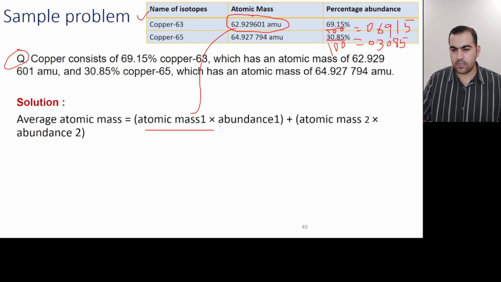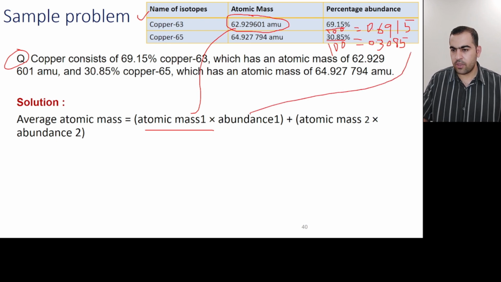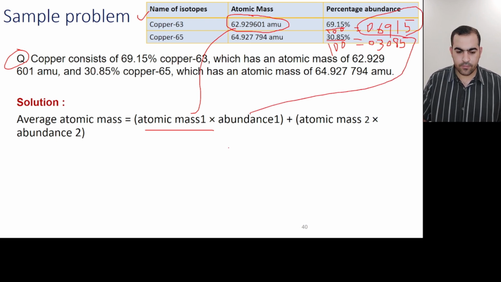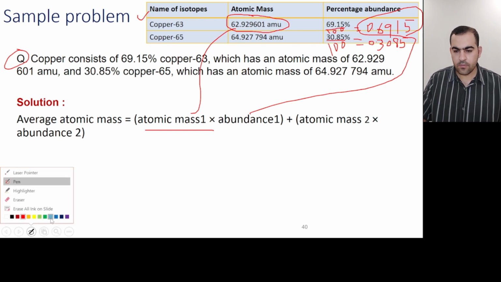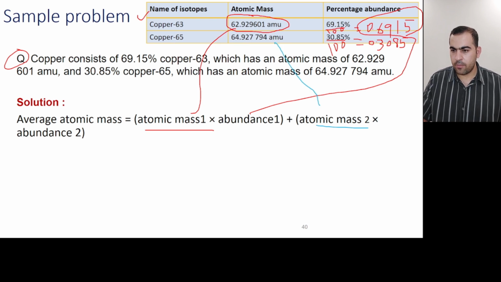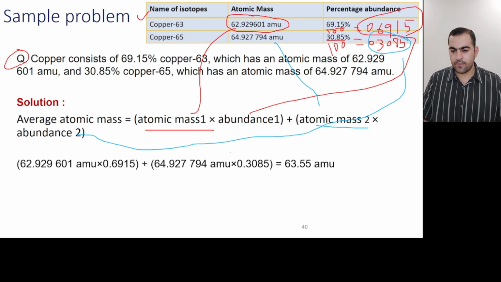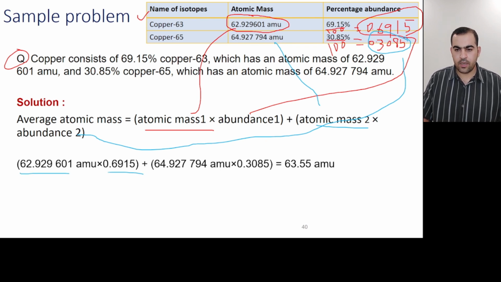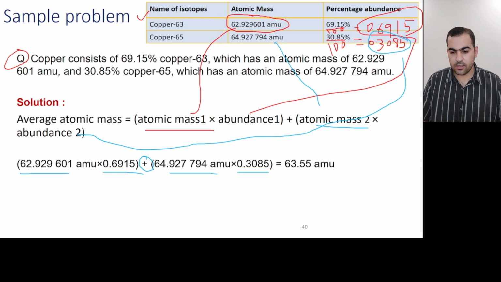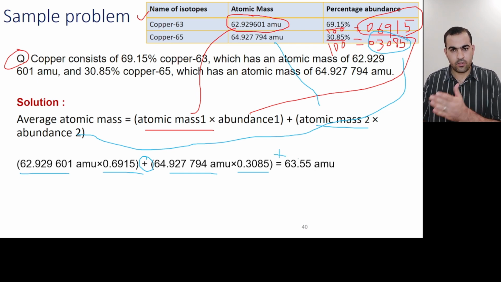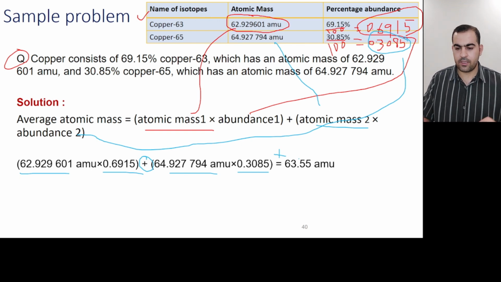For abundance 1 we put that number, for atomic mass 2 we put that number here, and for abundance 2 we use that number. It's going to be like that: atomic mass 1 times abundance 1 plus atomic mass 2 times abundance 2. If there are 3 isotopes, then we add atomic mass 3 times abundance 3.